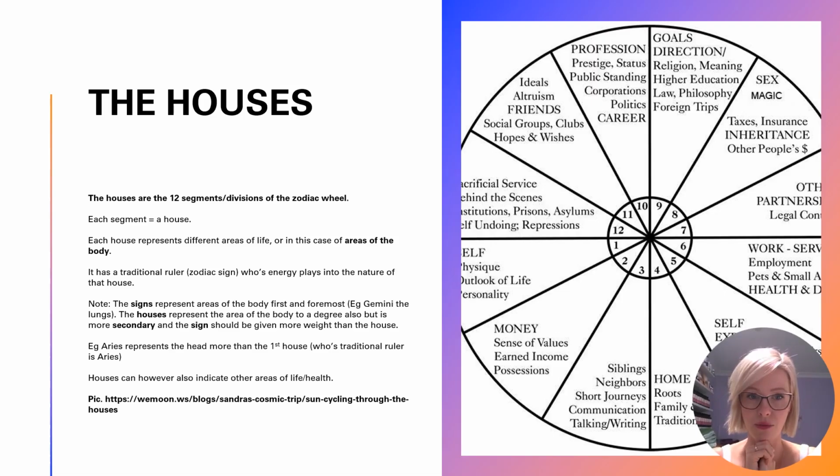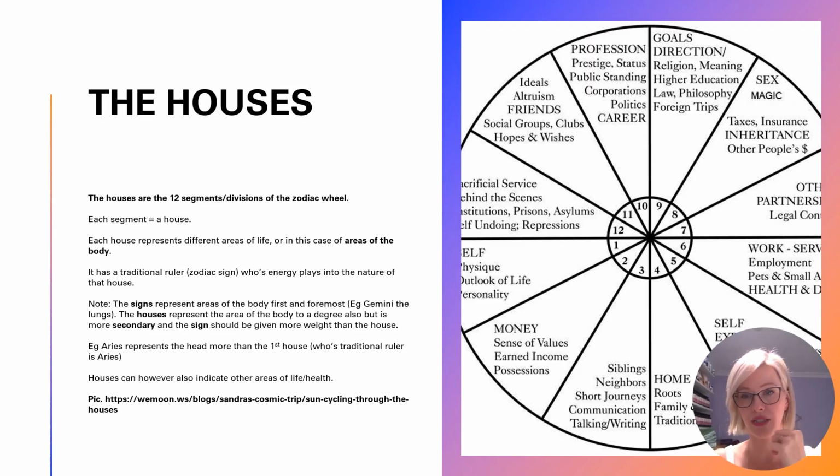The houses represent areas of the body to a degree also, but it is more secondary, and the sign should be given more weight than the houses. For example, Aries represents the head more than the first house, whose traditional ruler is Aries. So I hope that makes sense to you.